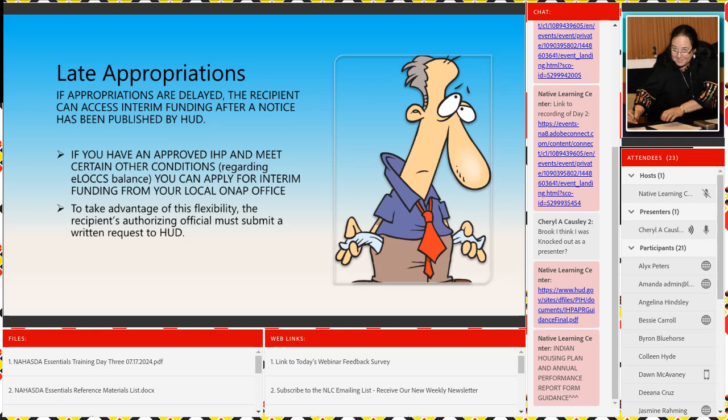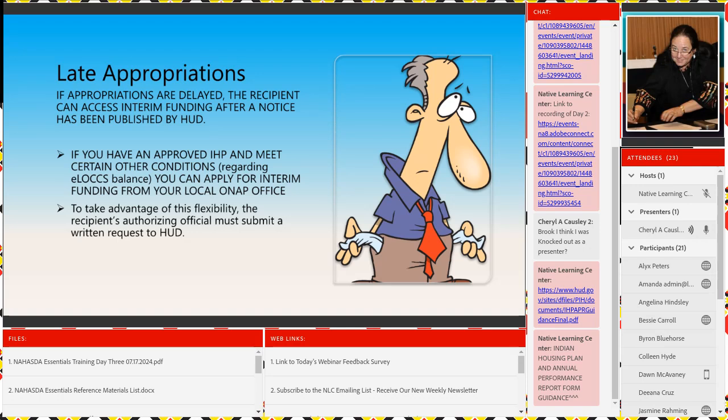So late appropriations, like I said, has happened. And if you're a small tribe, that's when it really affects you. So if those appropriations are delayed, you can access interim funding. HUD will put out a notice. And if you have your IHP approved and you meet certain other conditions, okay, what is that?